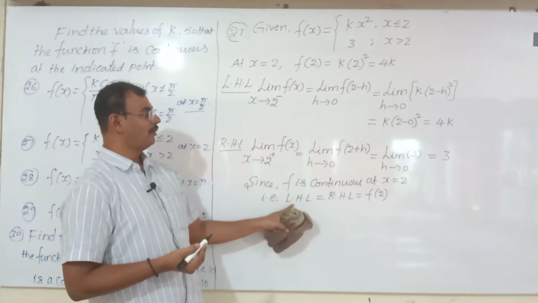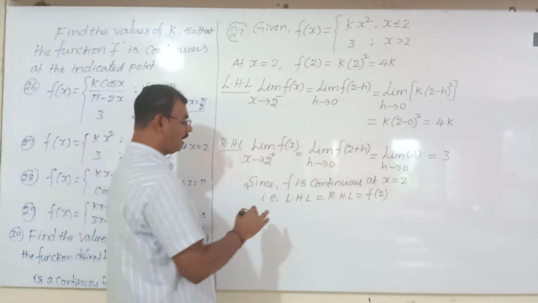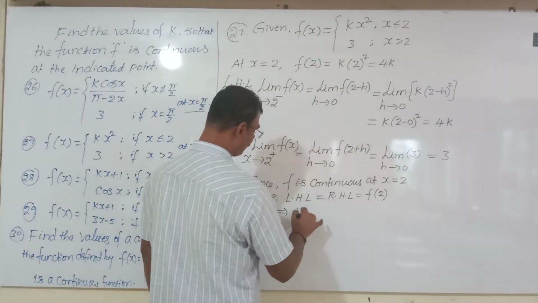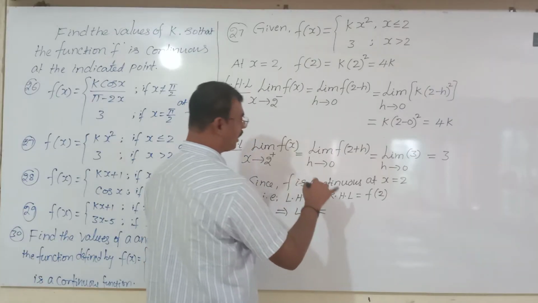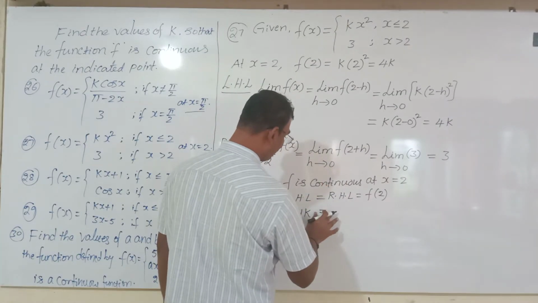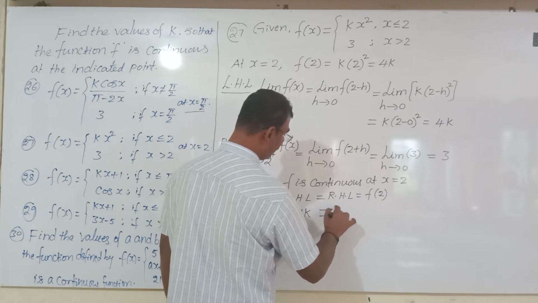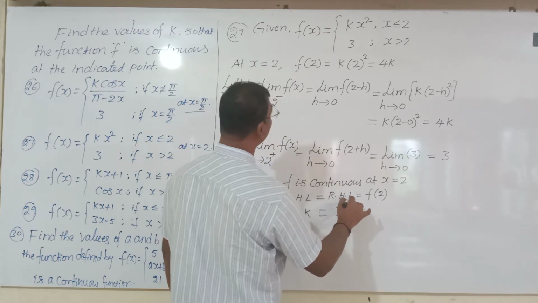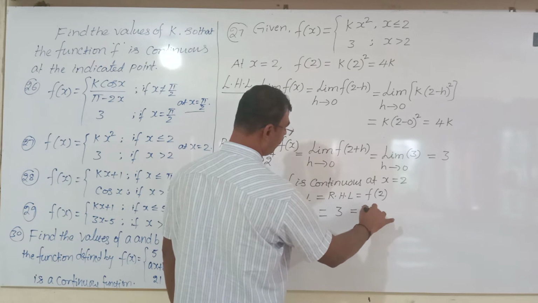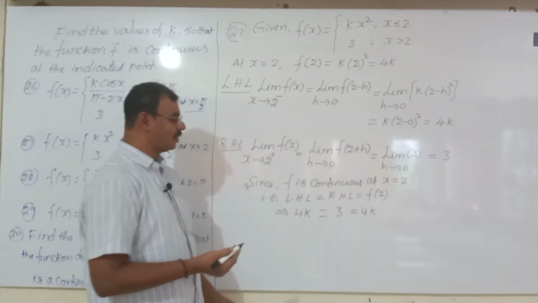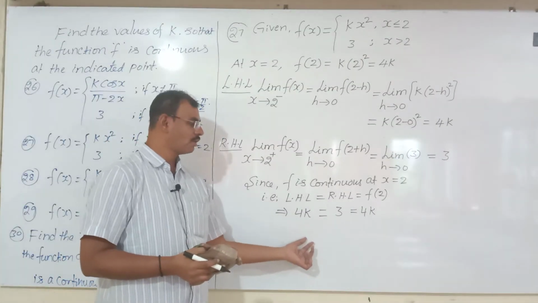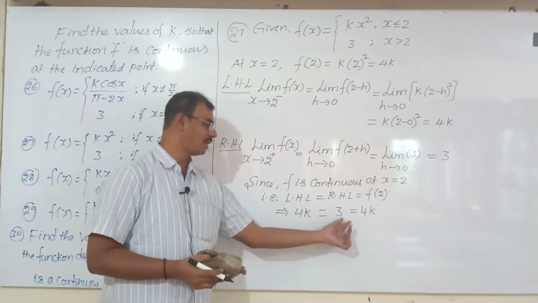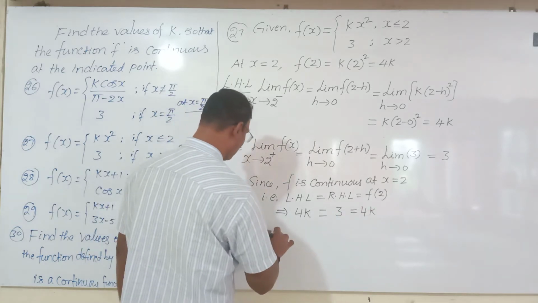So here the left hand limit exists, we got 4k, and the right hand limit exists, that value will be 3. 4k is equal to 3 is equal to f of 2. Now equating any two numbers, either these two or these two, we get the answer k.